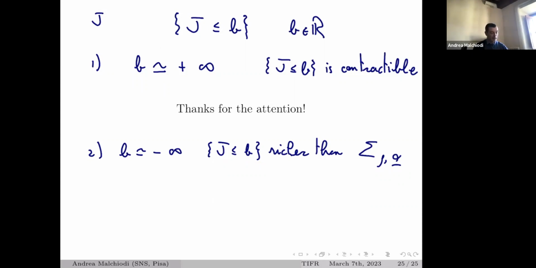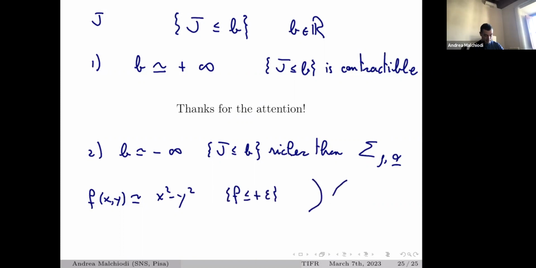So when you consider f(x,y) in the plane, just like x squared minus y squared, you look at the levels f less or equal than plus epsilon. This is a connected set. And f less or equal than minus epsilon is a disconnected set.